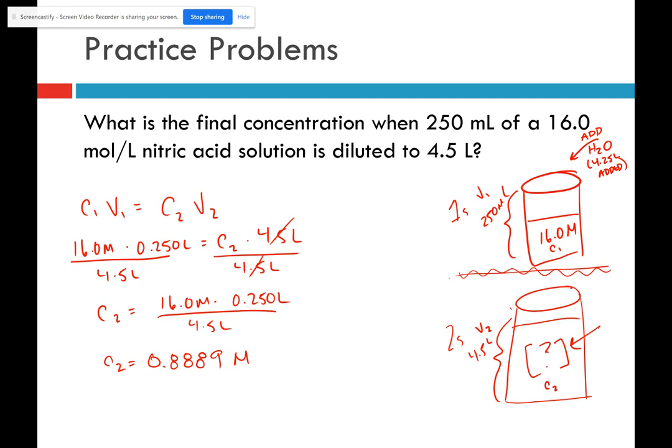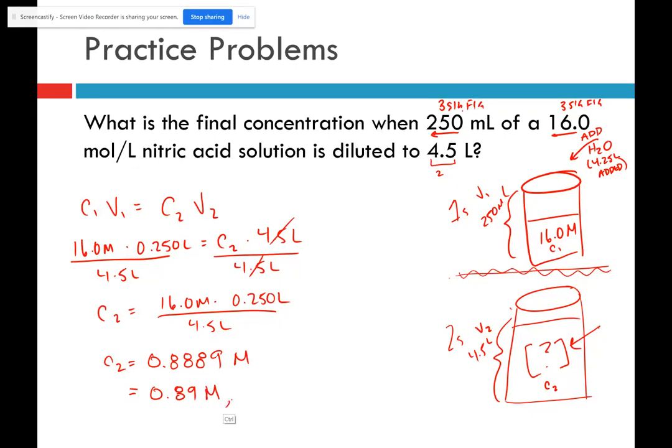But again, remembering sig figs, this number here has 3 sig figs because this 0 has a number to the left of it. This also has 3 sig figs because this 0 has a number to the left of it. This number right here only has 2. So I'm going to round this to 0.89 moles per liter.